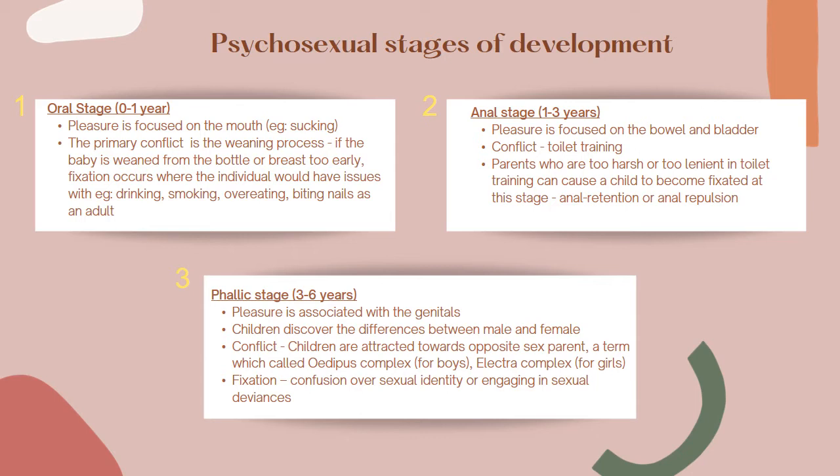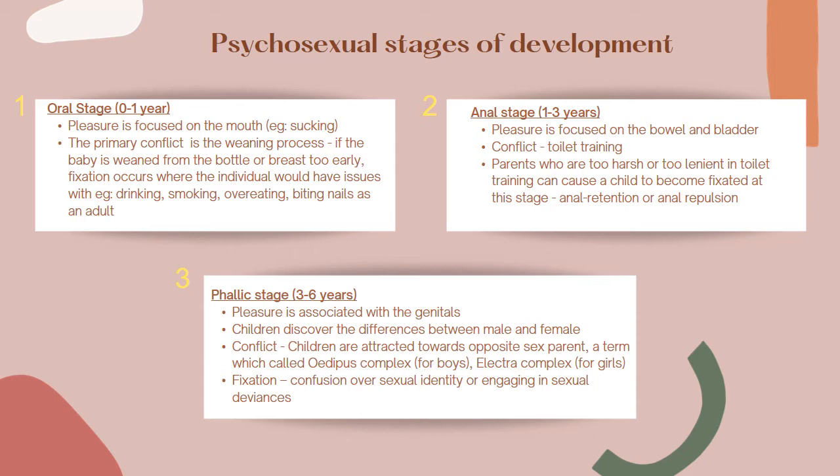And then the second stage is anal stage, between 1 to 3 years. Pleasure is focused on the bowel and bladder. Conflict is toilet training, because at this point, parents would normally start to toilet train their babies or toddlers.